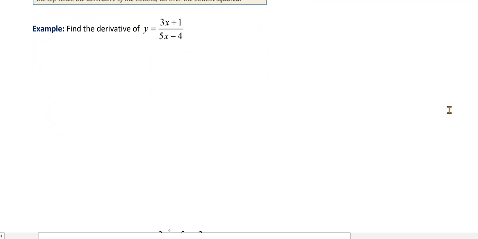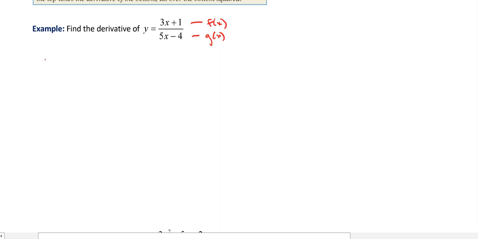So when deciding what the numerator and denominator are going to be, that's pretty easy with the quotient rule because the numerator right here will always be f of x. And the denominator will always be g of x.